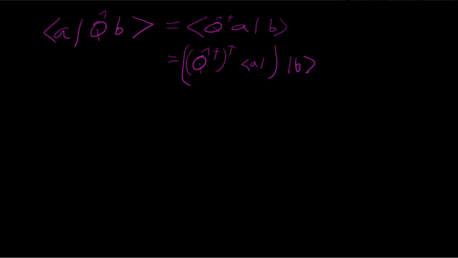Some algebra with operators gets a little bit mixed up, but if you remember our properties of Hermitian conjugates, if I have Q hat on A, this is equal to Q hat dagger times the A bra vector. And the daggers cancel out, so this is equal to Q hat acting on A times the B ket vector.